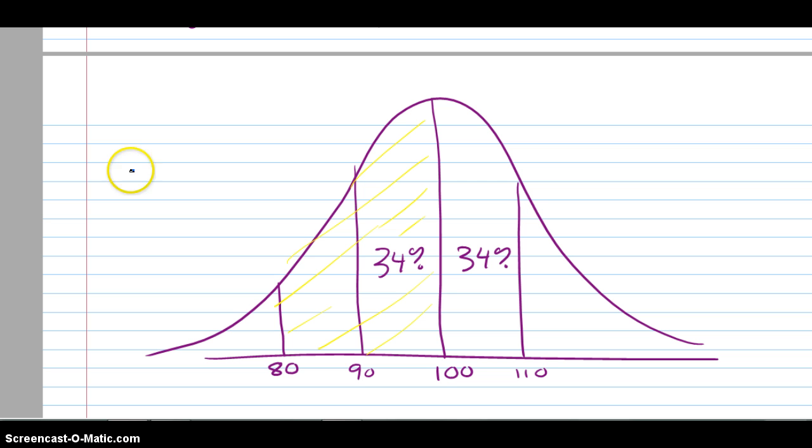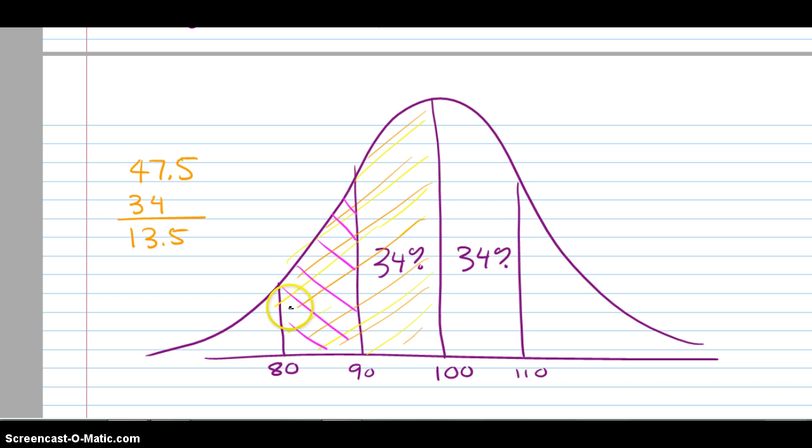So if I took that 47.5%, subtract off the 34%, and now I know this area has 13.5%. And if we went up 2 standard deviations, that slice would have 13.5%.